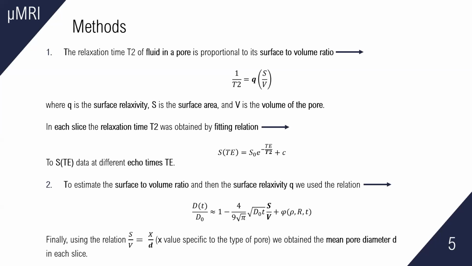Then the surface relaxivity rho and the surface to volume ratio were estimated using the relaxation in the second equation of the diffusion times, obtained from measurements at short diffusion times. Assuming that bone canals are cylindrical, the mean pore diameters can be estimated with specific constant values.